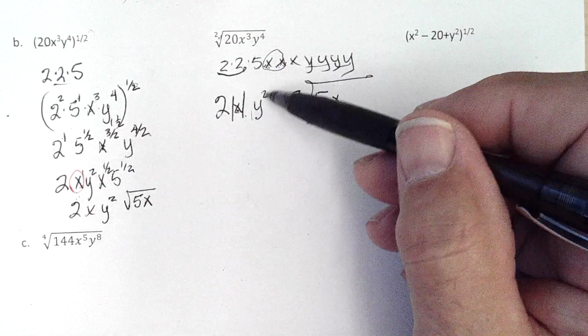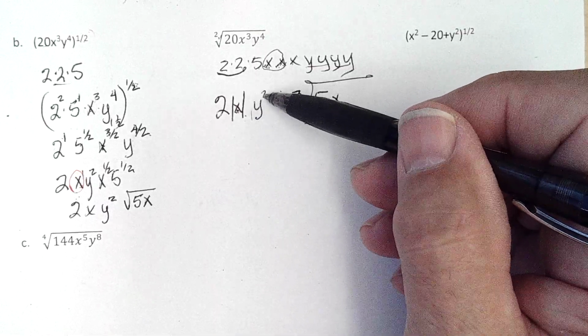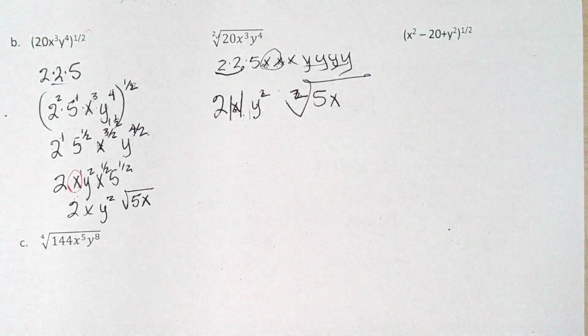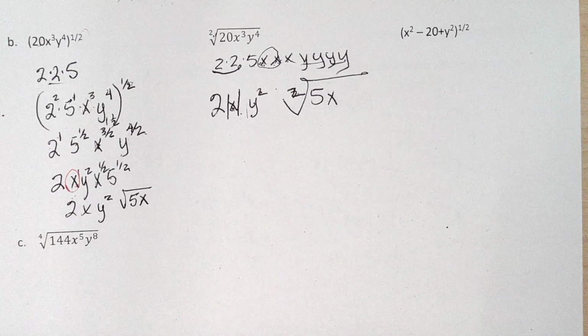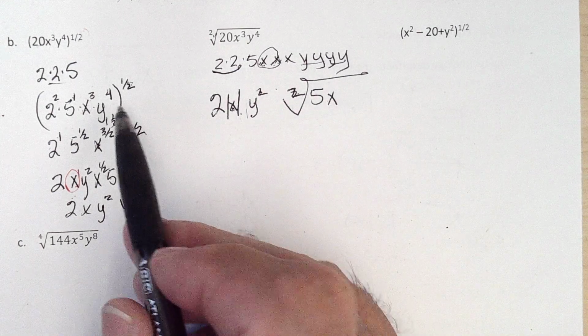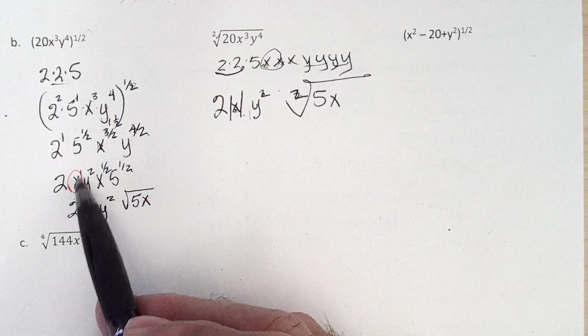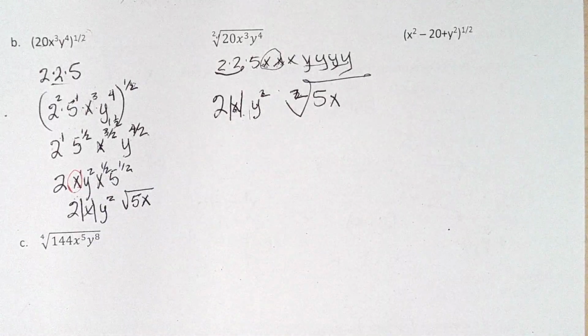I could put absolute value on it because I'm doing even root, but any number squared is positive already, so the absolute value would be redundant, unnecessary. So here, when I call this x to the 1, it needs to be positive, so I need to put absolute value on that.